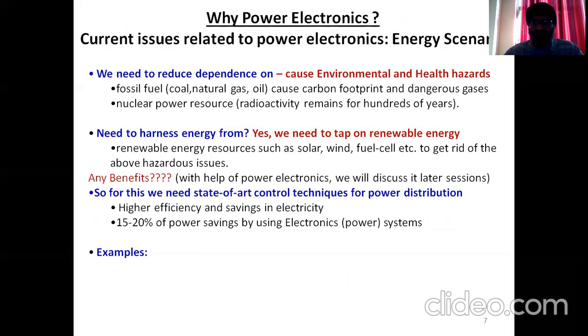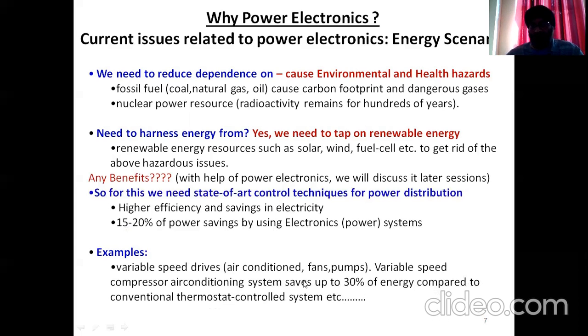So are there any benefits if we use power electronics? Yes, we can save electricity. In later slides, we'll see that about 15 to 20, or sometimes 30 percent, of power savings, meaning efficiency improvements, are possible using power electronics.